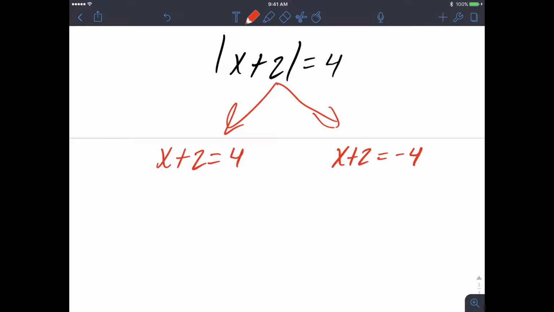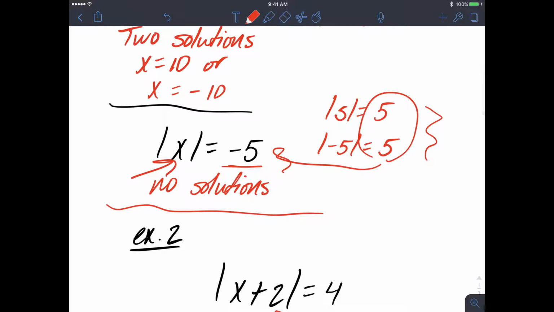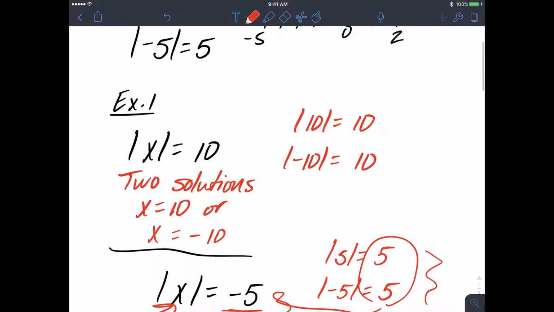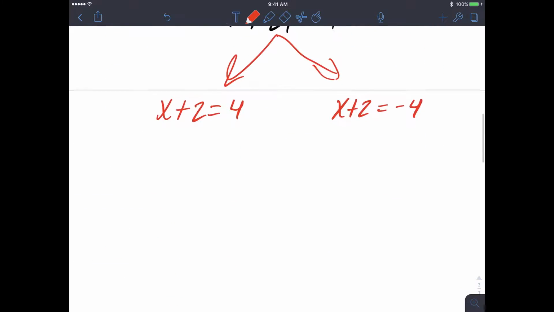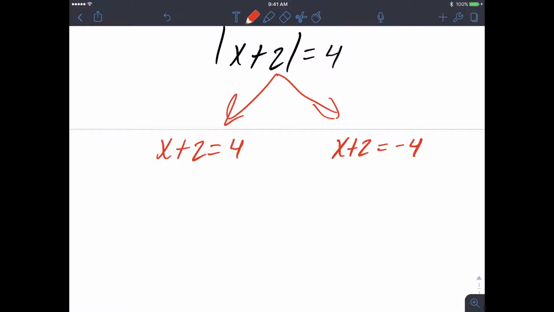Because remember, with absolute value, we had two values up here, right? So it's kind of similar. We break it up into two values, and now we just go through it just like a regular equation. Solve for x. So you're going to isolate the variable, subtract 2 from both sides. You're going to get x equals 2.